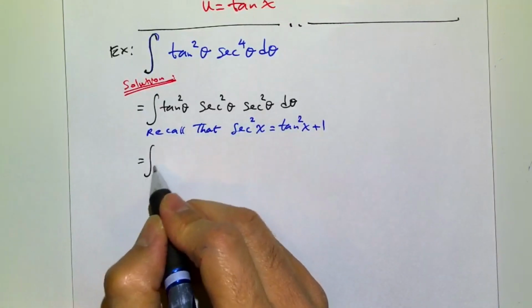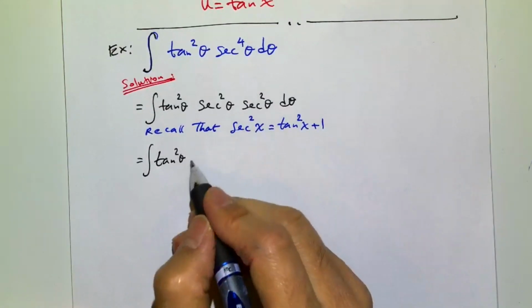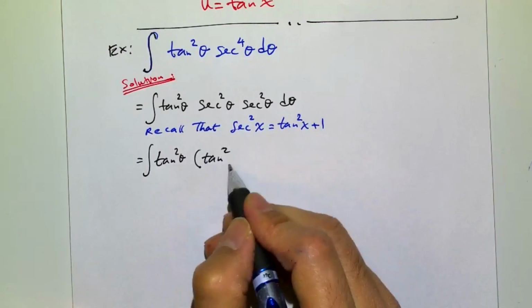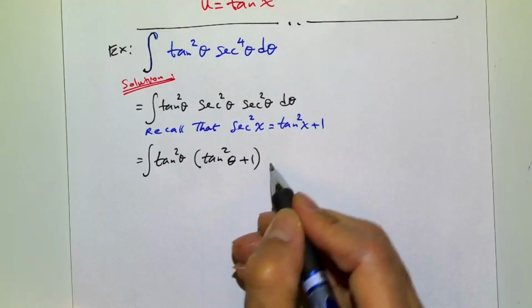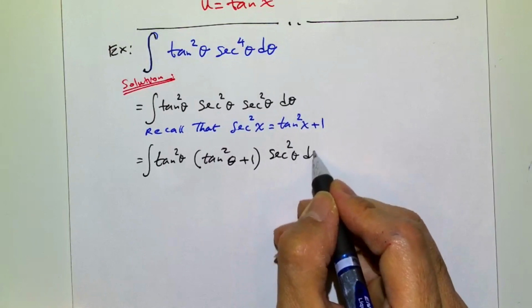And then we have tangent squared theta times, substituting for this, tangent squared theta plus 1, times secant squared theta d theta.